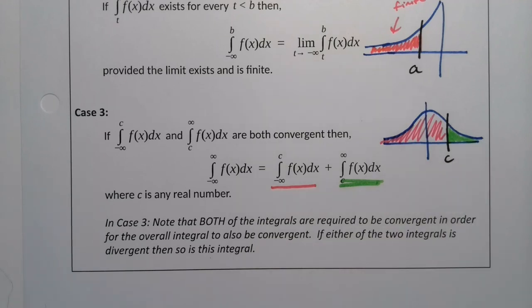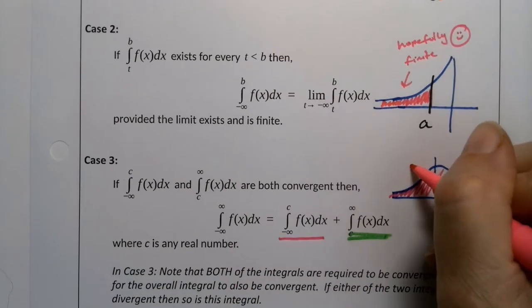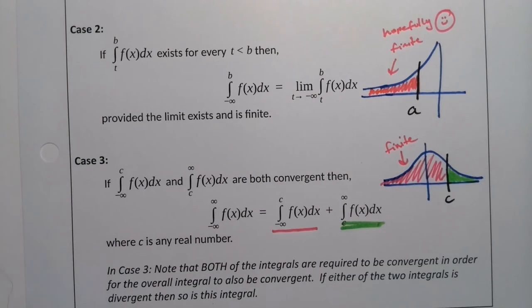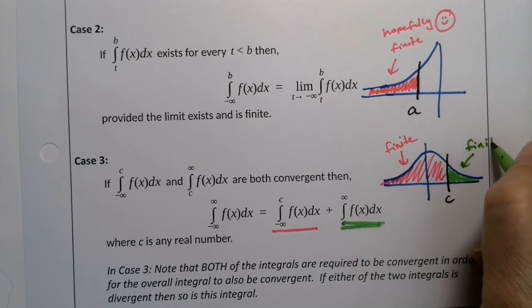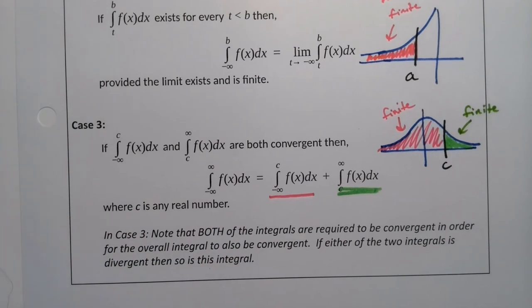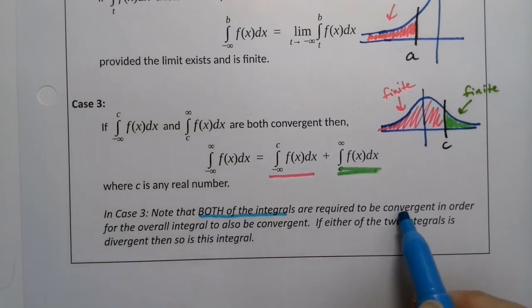Now, in case 3, both integrals are required to be convergent in order for the overall integral to also be convergent. So if you want this to converge, you need this to be finite, and you need the other side to be finite. To make it work, they would have to be a finite number plus a finite number. Both integrals must be convergent.